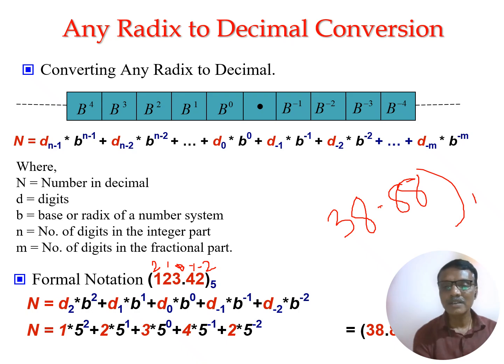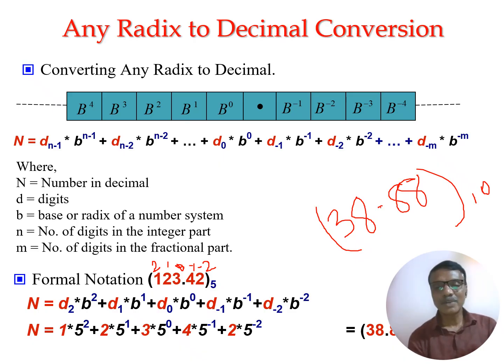Base is 10. So any base to decimal conversion. So here we converted base 5 to decimal conversion. Base 5 value is 123.42.